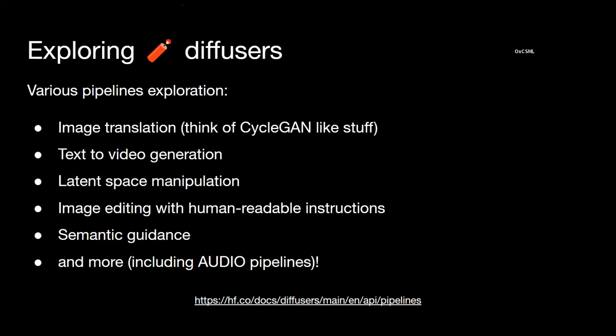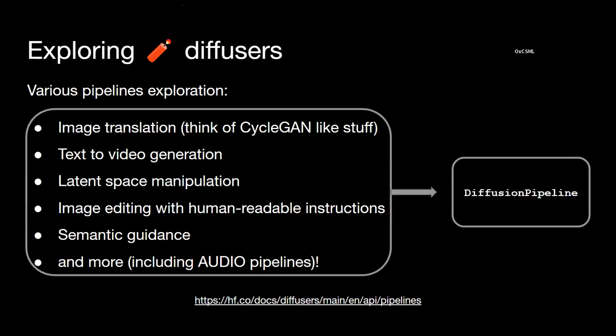So, yeah. And so far, I think we talked about some text to image, text to video, text to 3D, image variation stuff, but there are all sorts of different pipelines for you to explore. And we have even other pipelines such as audio pipelines, molecule generation pipelines, and so on. So if you're interested to explore different kinds of pipelines, these are all possible. And all of these pipelines actually are subclassed from a mother DiffusionPipeline class.